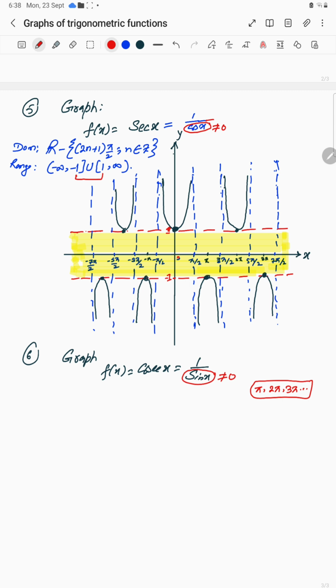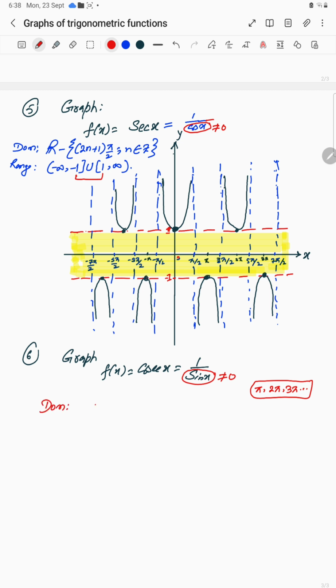So a dotted line will come here, and you can plot it by yourself. It will be just the same type of graph, but the dotted lines come at pi, 2 pi, and 3 pi, and so on, the same on the minus side. The shape will be the same because both have the same range.